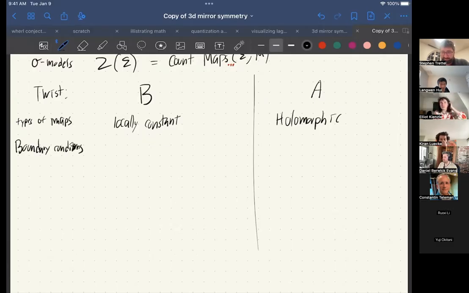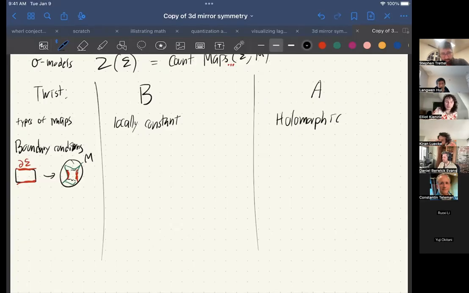We should think about these as submanifolds of M, where we're demanding that the boundary of sigma, say these lines here, lies on some subvariety or submanifold of M. So whatever sigma does, it has to have its boundaries living on something.